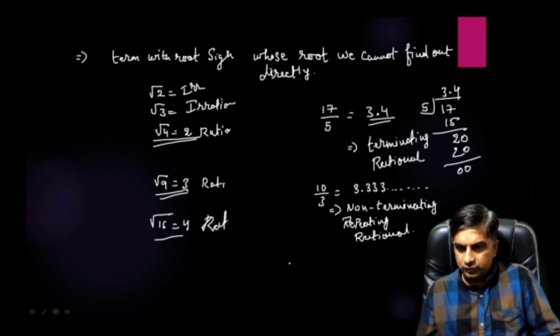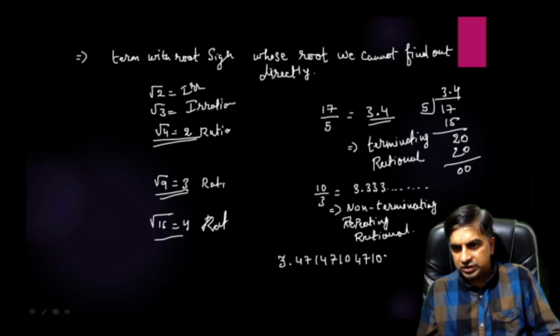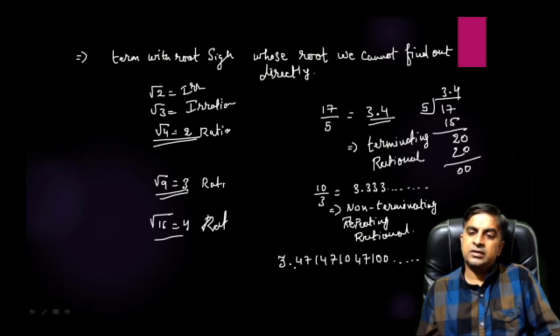But sometimes I am not giving you an example directly. I am writing 3.4 7 1 4 7 1 0 4 7 1 0 0. You can see 471, then 4710, then 47100, and this way it will go on.